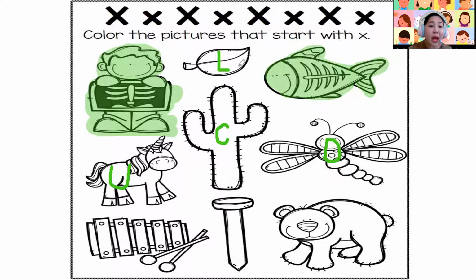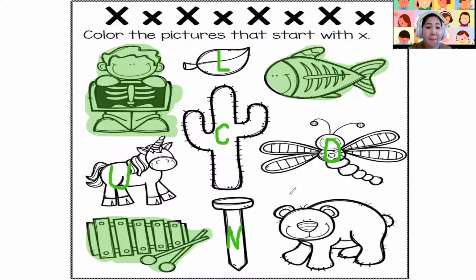Next one, we have a musical instrument, and this instrument is called a xylophone. Xylophone begins with the letter X. Yes, it does. So we will color our xylophone. Then for the next one, we have a nail. Nail begins with the letter N, so we should write the letter N there.